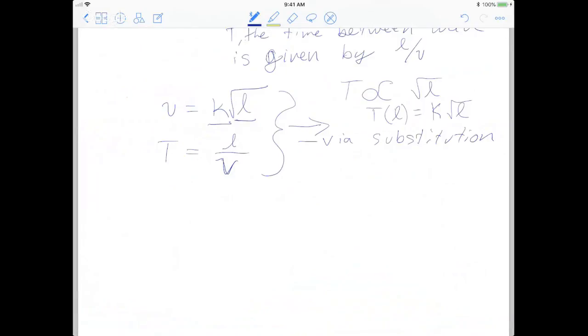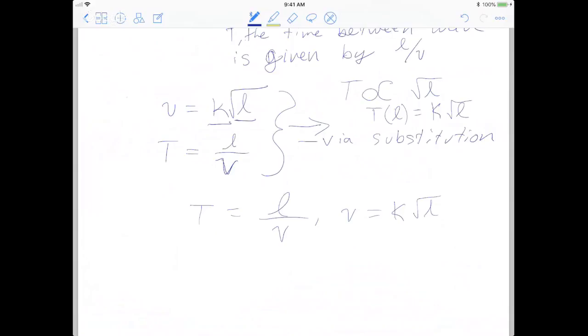First, let's write down our function for T. The time between waves is L divided by V. But V is also a function of L. So how can I put these two things together?